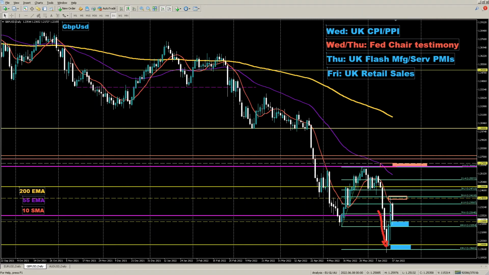And then last Thursday was the Bank of England's turn to announce their rate increase, and they did increase as expected by a quarter percentage point. And after dipping lower, it did manage to continue climbing up to hit the 124 round figure before pulling back on the Friday and back into the 122 round figure area.